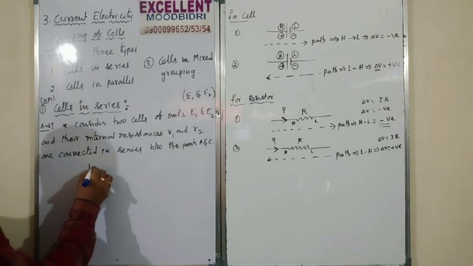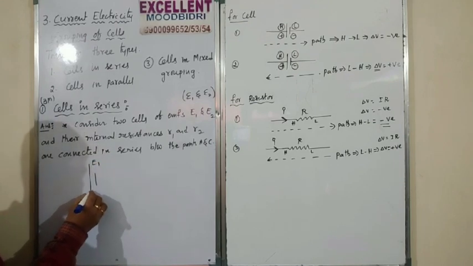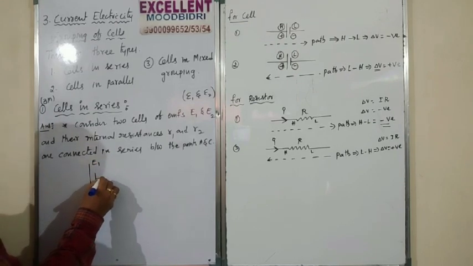This cell's EMF is E1 and its internal resistance is R1, or else I can draw it separately.